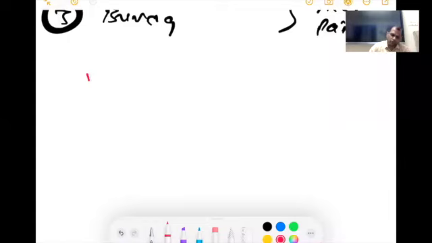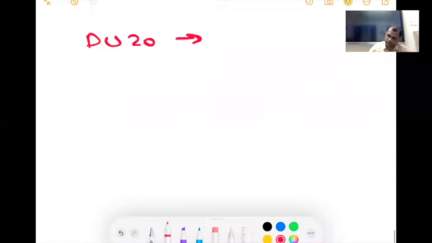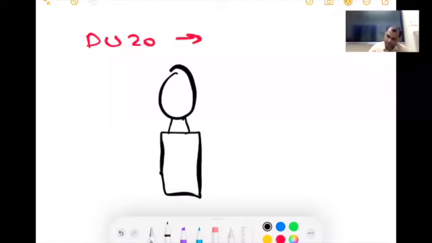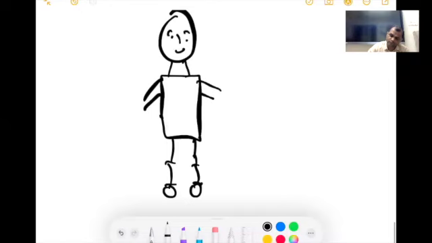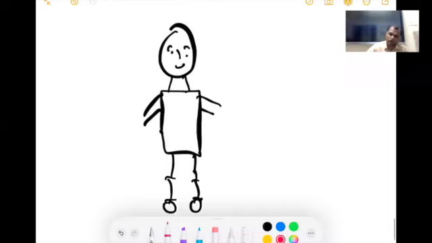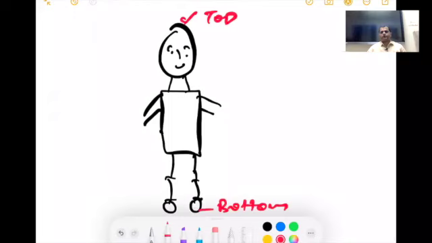The first point will be DU20. Why DU20? If you see the whole body, there is a relationship of top and bottom. If some problem is in the top, you can treat the bottom.